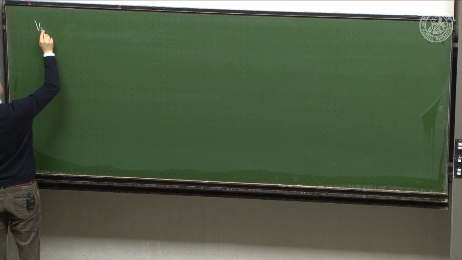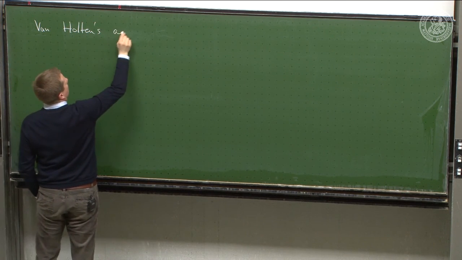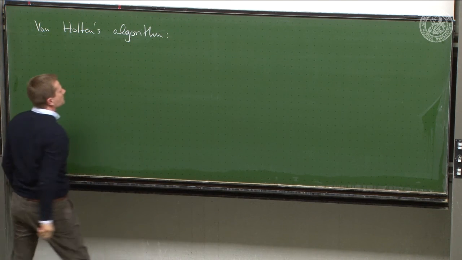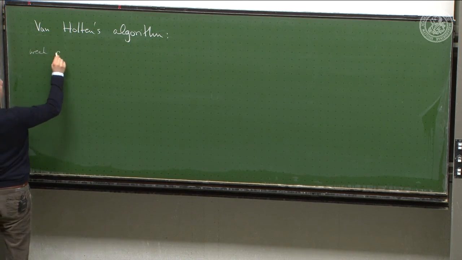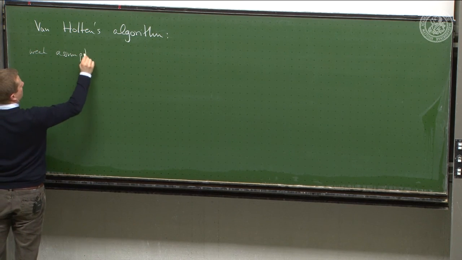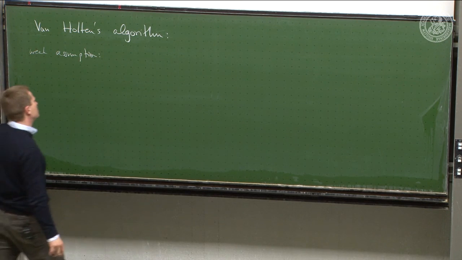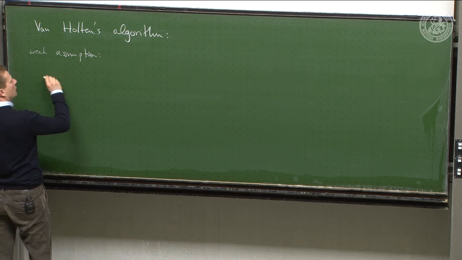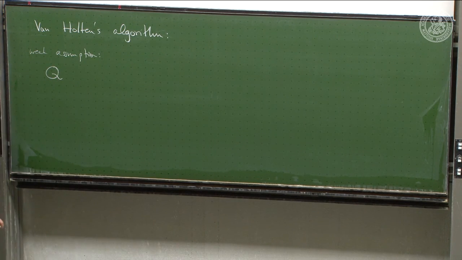I think it's called Van Holten's algorithm. So we make a weak assumption, meaning not much is lost by making it. That assumption is that we have a conserved quantity, Q, as said before.